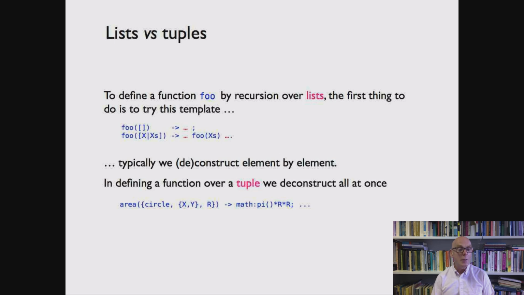So we have that difference between lists which we deconstruct or construct iteratively, so we get recursion over them, whereas with tuples we just say, well, we've got all these elements, take them all out and deal with them. So tuples are more like objects, lists are more like collections in an OO world.